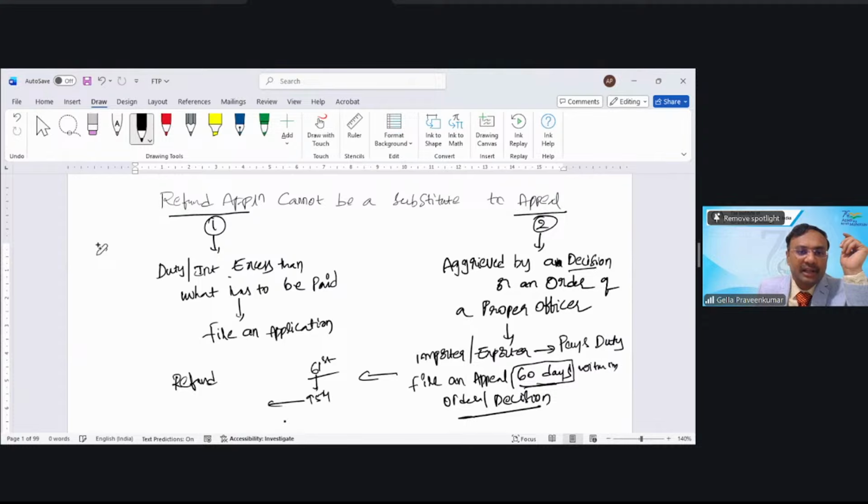Refund application for what? Excess duty paid. Now here, beyond the regular duty, I have paid protective duty, countervailing duty, anti-dumping duty. Now I'm trying to seek a refund of that countervailing duty, anti-dumping duty, or protective duty, any of them.